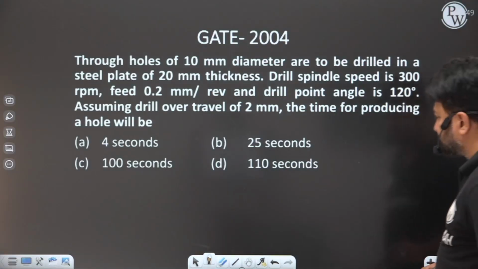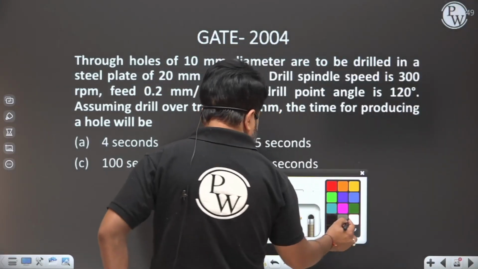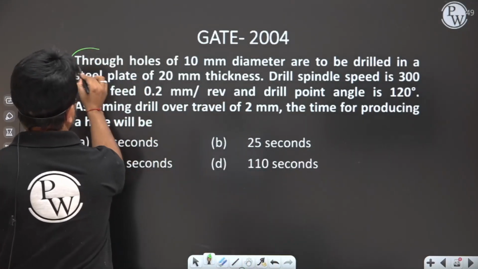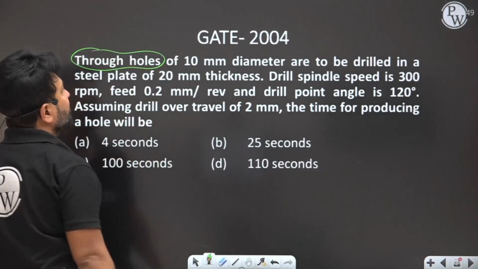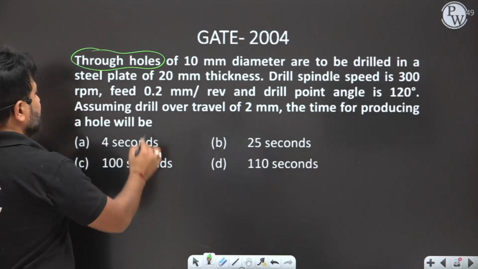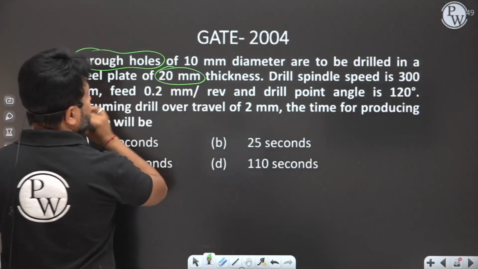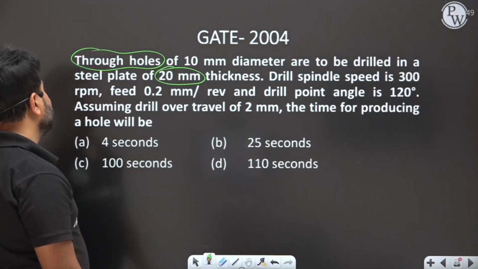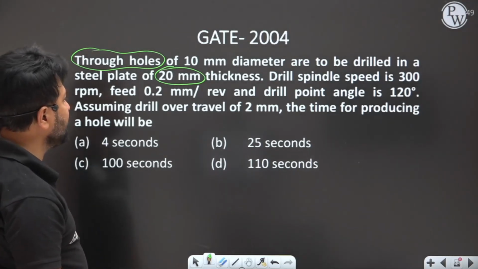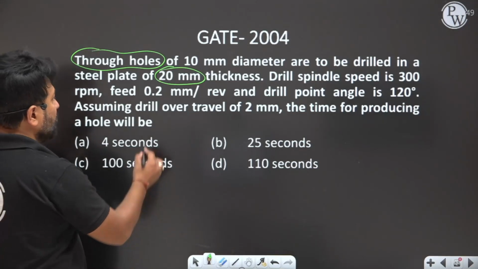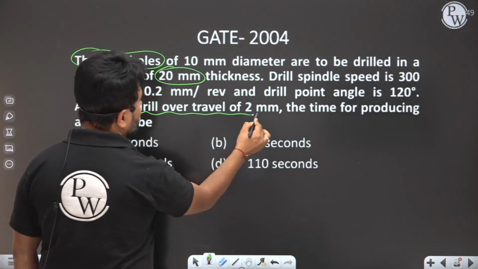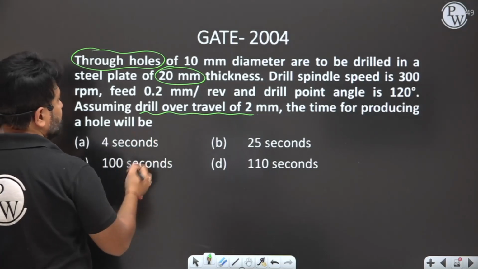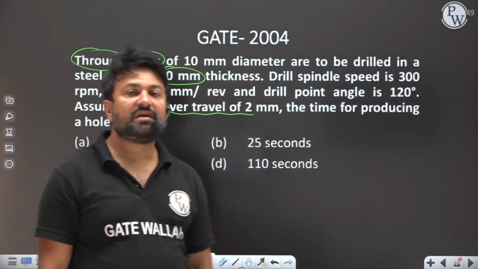Let's discuss some questions regarding this so you will understand. Look, the examiner has mentioned a through hole of 10 mm diameter to be drilled in a steel plate of 20 mm thickness. Drill spindle speed is 300 rpm, feed is 0.2 mm and drill point angle 120. Assume drill over travel 2 mm.